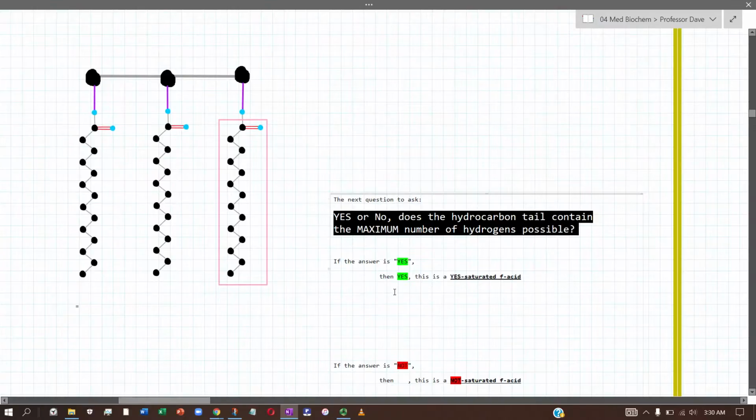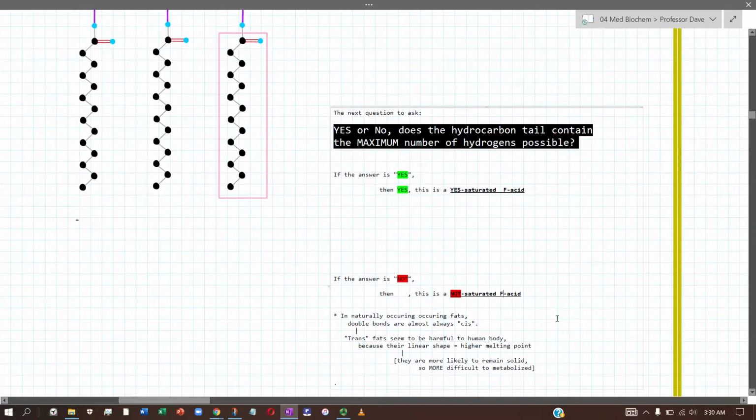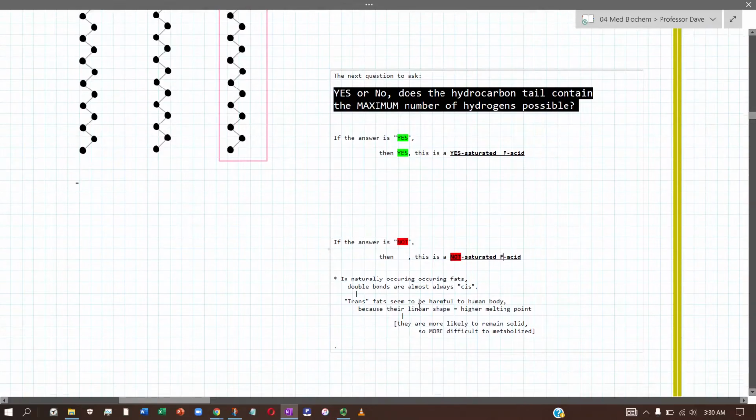If the answer to this question is yes, then this fatty acid is saturated. But if the answer is no, then this is not a saturated fatty acid. In other words, it's an unsaturated fatty acid.